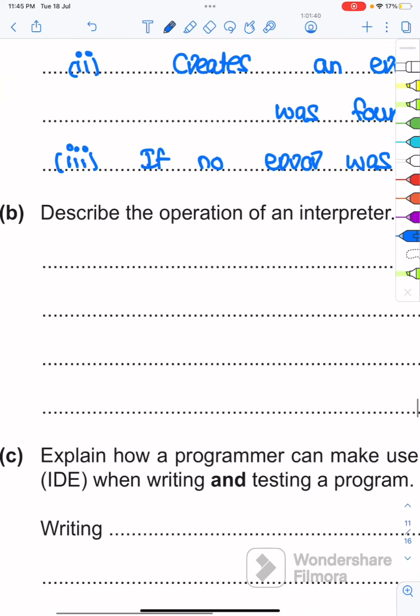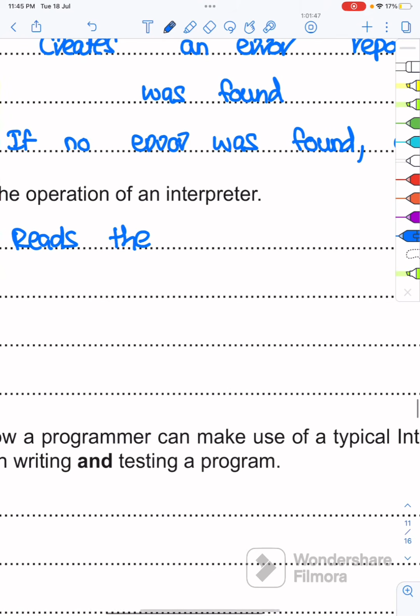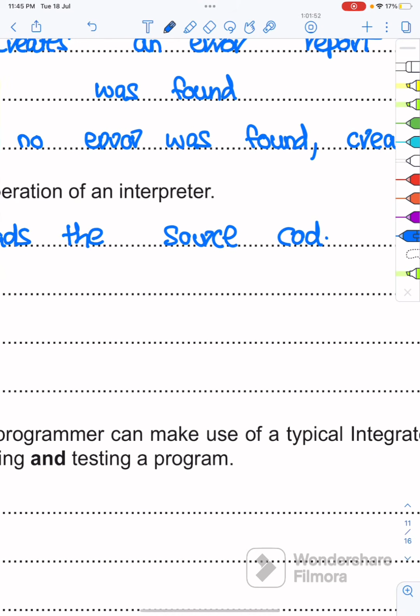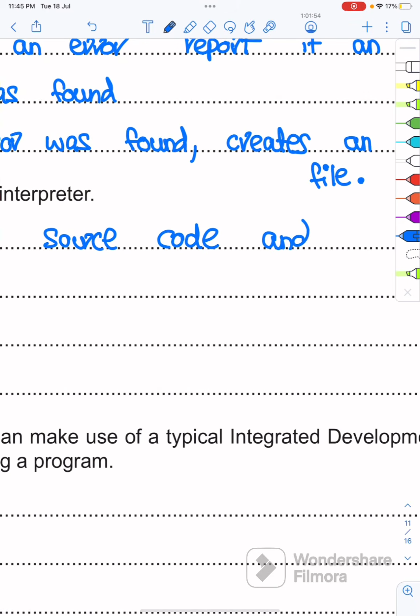So an interpreter reads the source code and executes it.